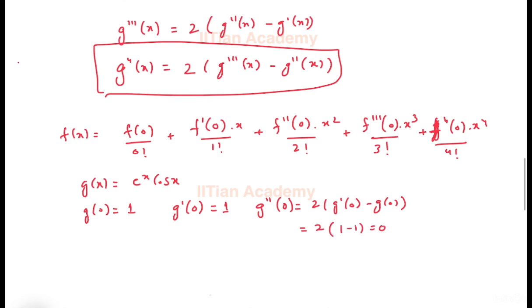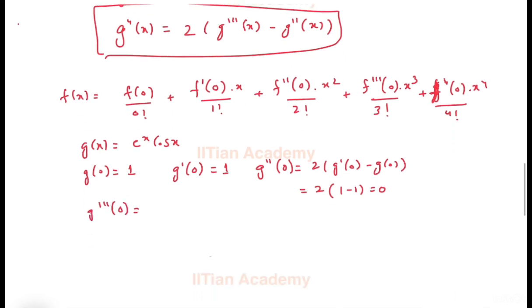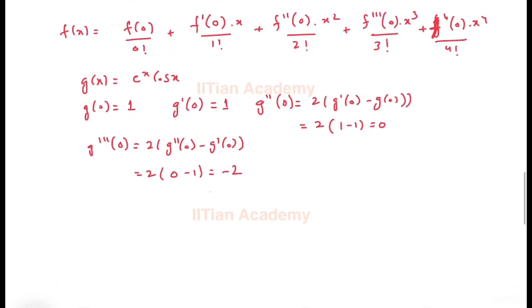Can we identify g triple dash 0 using the similar equation, which would be 2 times g double dash 0 minus g dash 0. Using the results from the previous part, this is 0 minus g dash 0, which is 1, so this is minus 2. Similarly g fourth derivative of 0 would be 2 times g triple dash 0 minus g double dash 0. So this is 2 times minus 2, minus g double dash 0, which is 0. So what we get is minus 4.